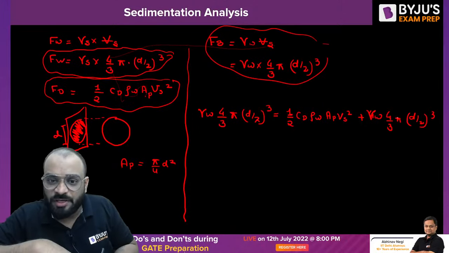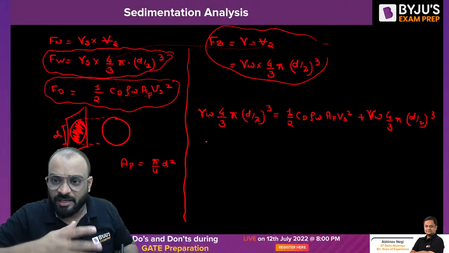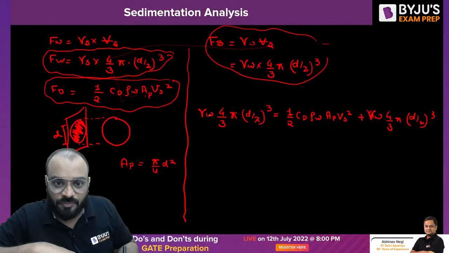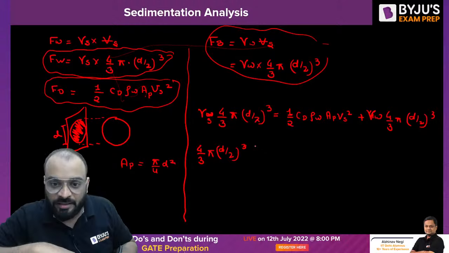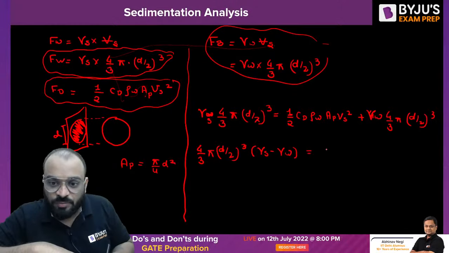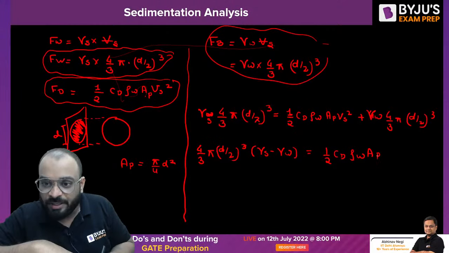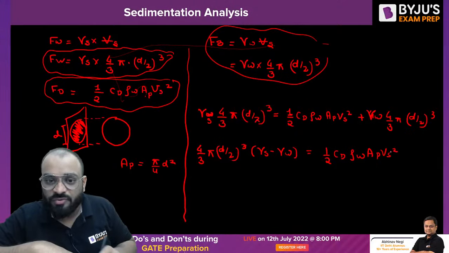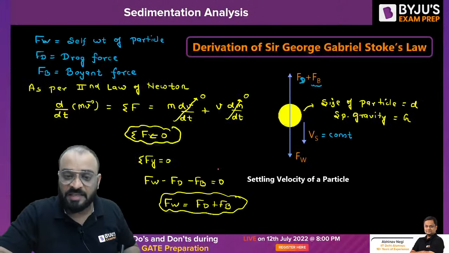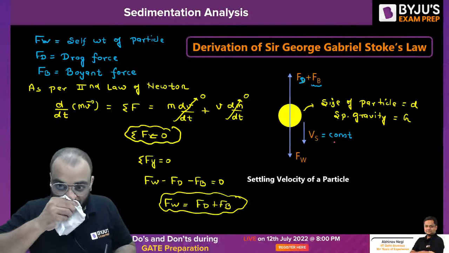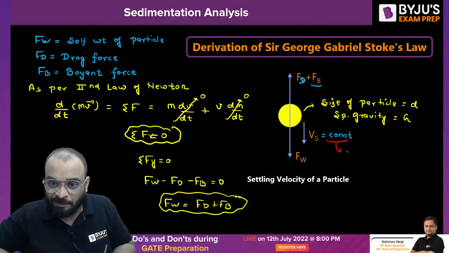Now I will put this portion on the left hand side, and what you will get, guys, is gamma S. So we can take out the common factor, which is 4 by 3 pi d by 2 whole cube, and this is gamma S minus gamma W, and it should be equal to half CD rho W into AP into Vs square. Now Vs is basically the settling velocity of the particle, which is a constant velocity.